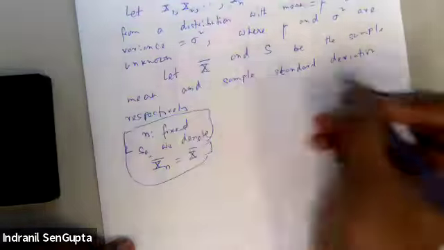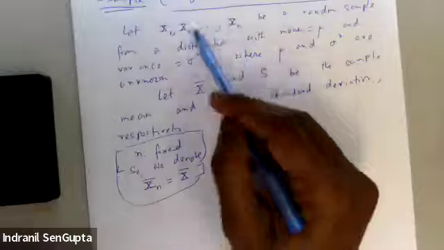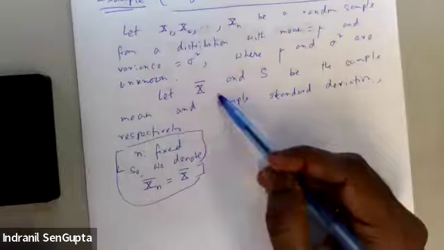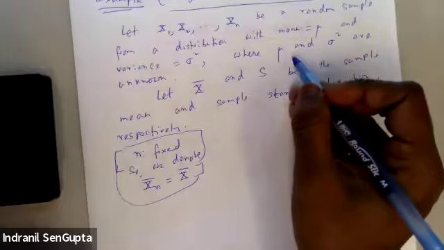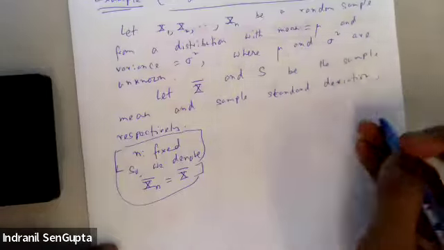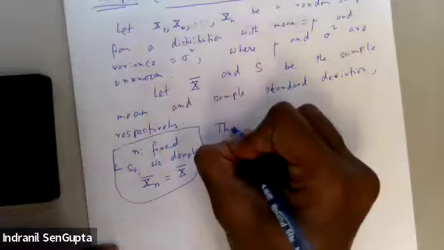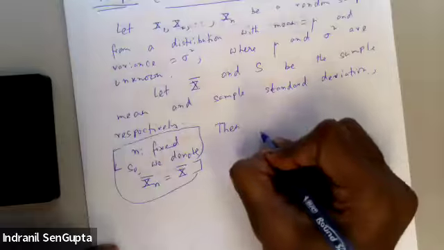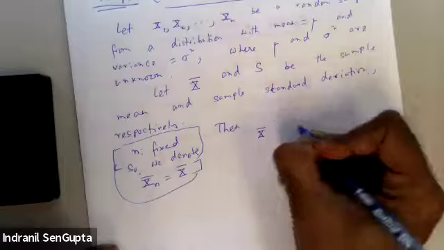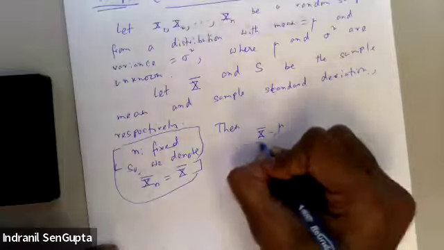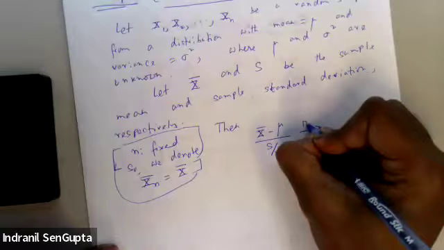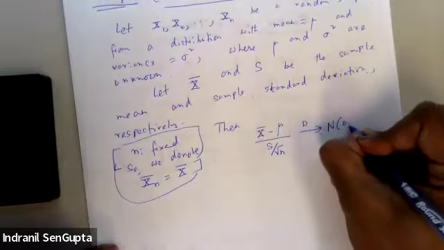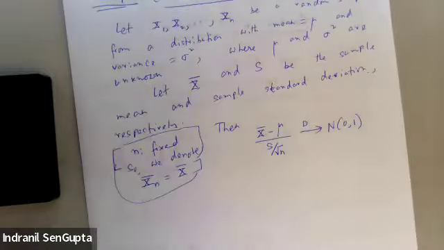So we have a sample of size N, and we computed the sample mean and the sample standard deviation, and the square of this one is the sample variance. Then the conclusion is X bar minus mu over S over square root of N converges in distribution to N(0,1) for large N.